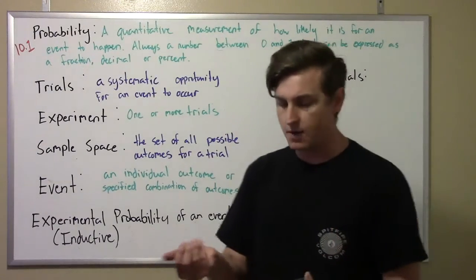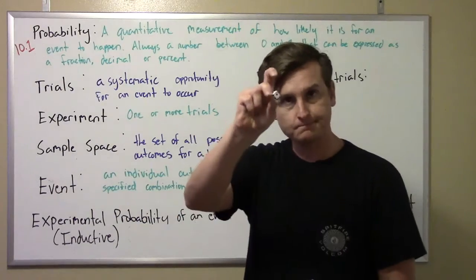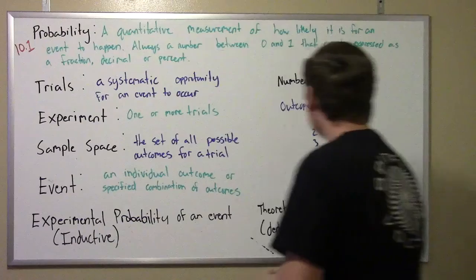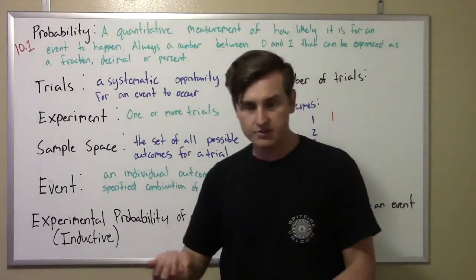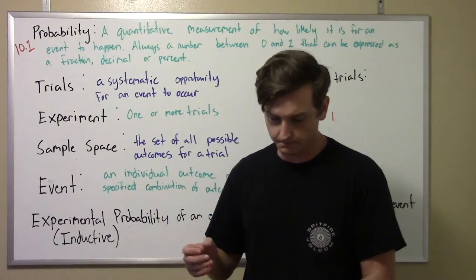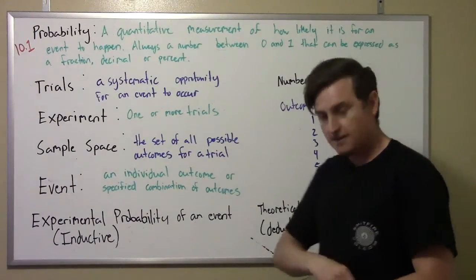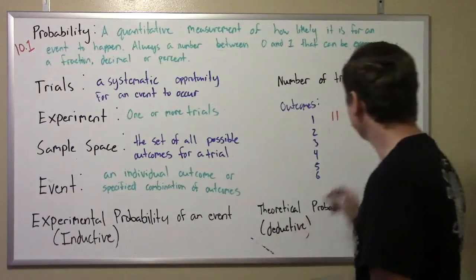Okay, trial number 1. I got a 1. Let's mark that with a little tally there. Trial number 2, I also got a 1. Trial number 3, I got a 4.